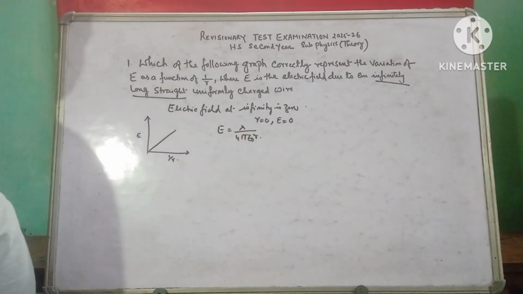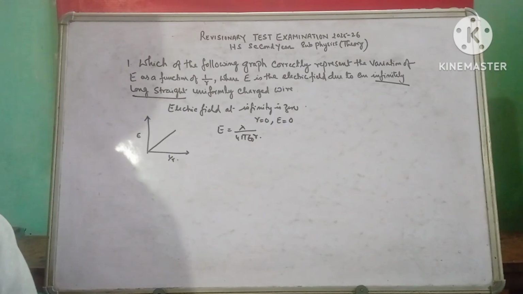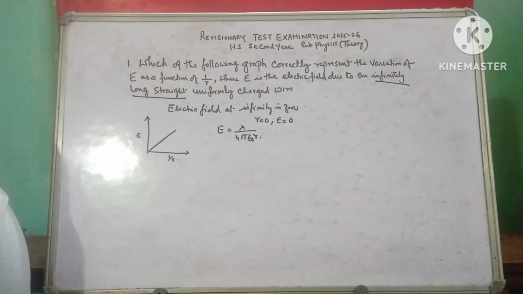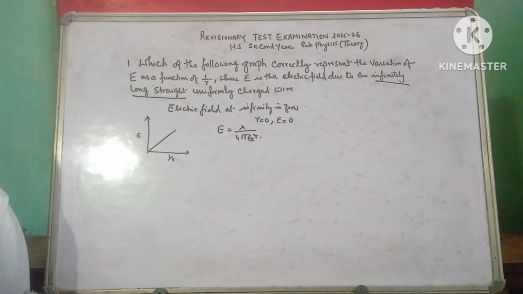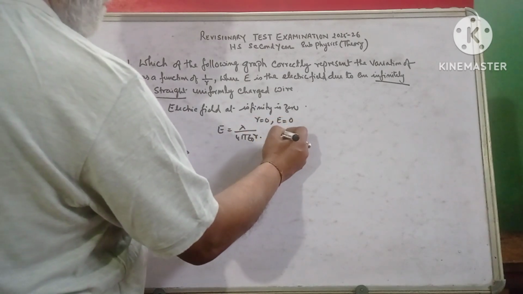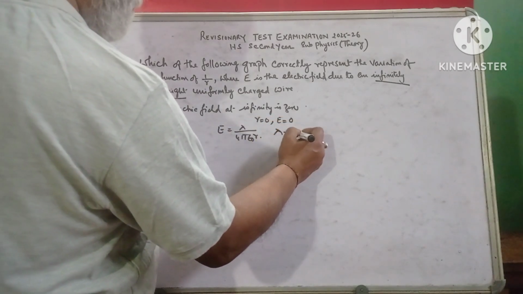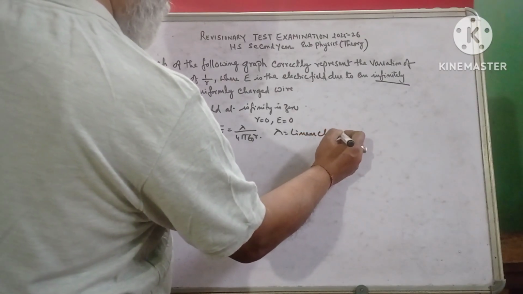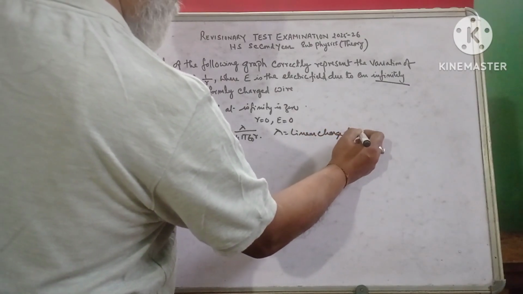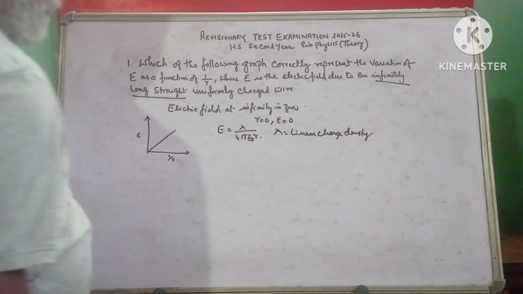We have learned in Gauss's theorem that the electric field at a point for an infinitely long straight wire is lambda by 4 pi epsilon naught r, where lambda is the linear charge density. You know about it.